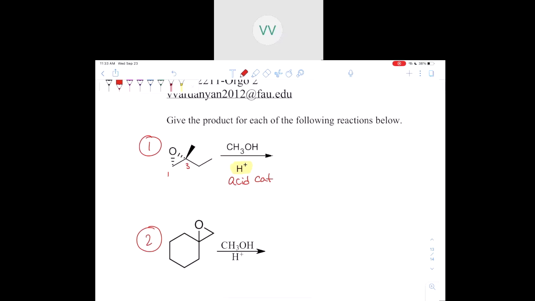Cool. And then I numbered it like you did to keep track of everything. So I numbered it 1, 2, 3, 4. Okay, cool. I'll go ahead and do that for you. So what was in red, just so everyone knows, I wrote what each carbon is.